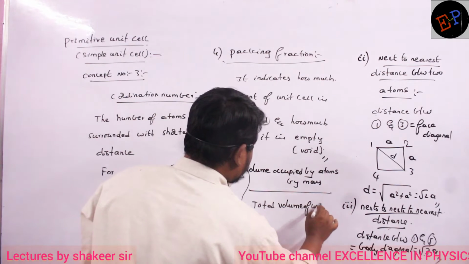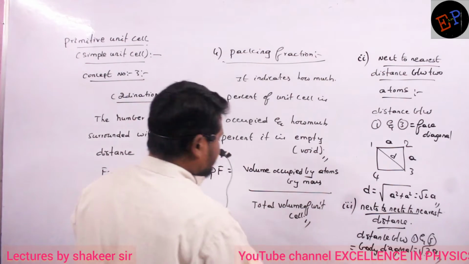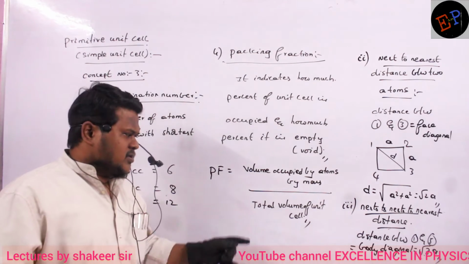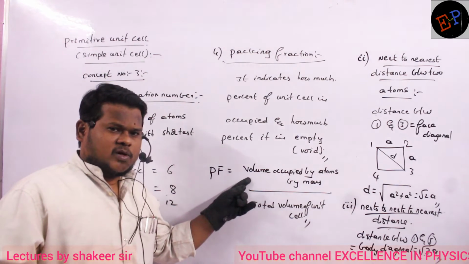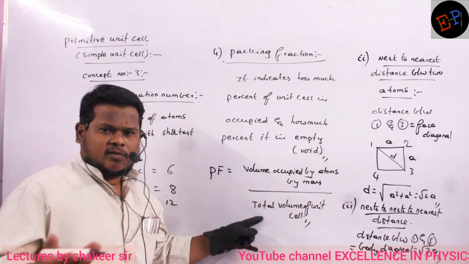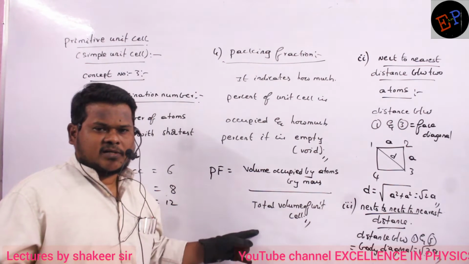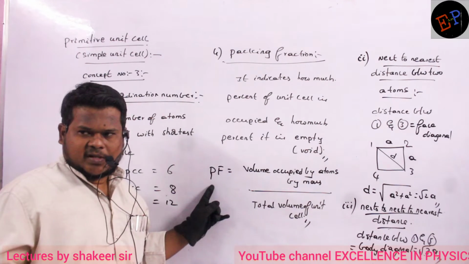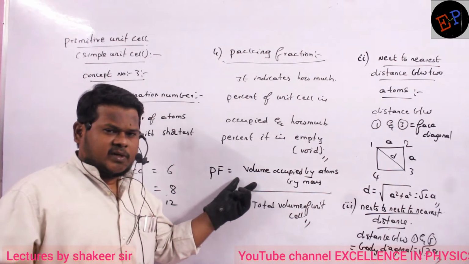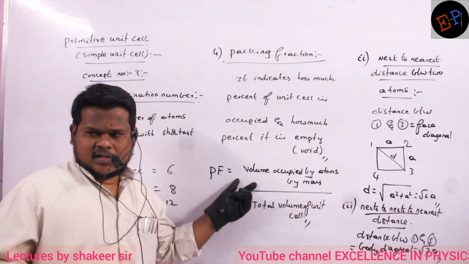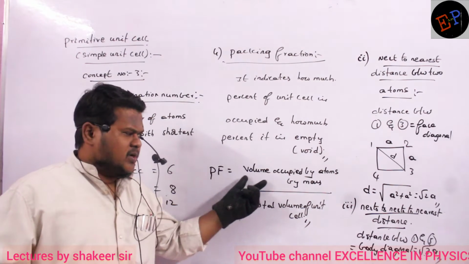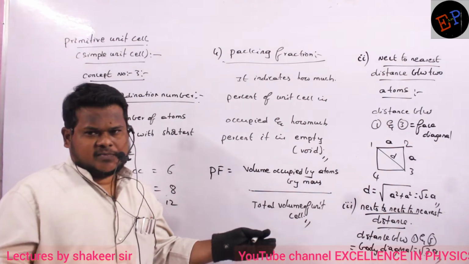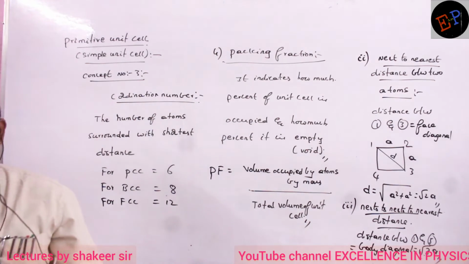For example, if one atom is present, you write one atom's volume divided by the volume of the unit cell, and you will get a fractional volume. That fraction is nothing but the packing fraction. If you take a primitive unit cell, only one atom is there, so you write the volume of that atom divided by the volume of the unit cell. That fraction will give the packing fraction.